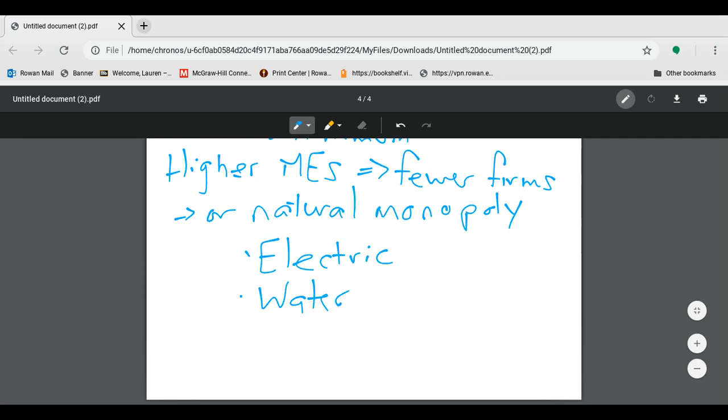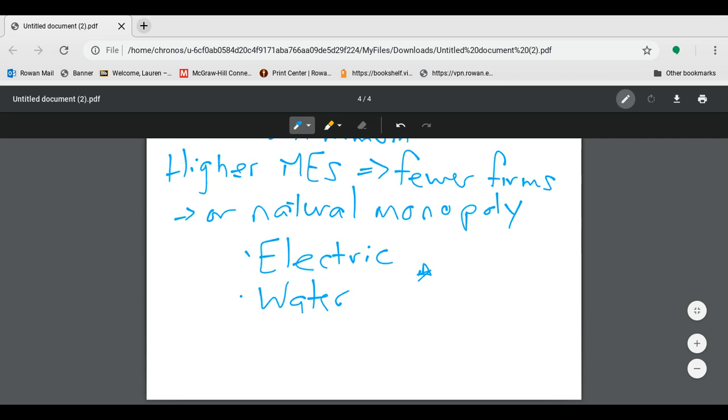You have to maybe put up your own posts, because maybe AC Electric doesn't allow you to use those. You need to wire houses. You need to put in the big machines that give energy and electricity out. You have to put all that in before you can even give a customer electricity. That's a lot of money. So these things are granted this natural monopoly, and they're the only ones going to be in the area.